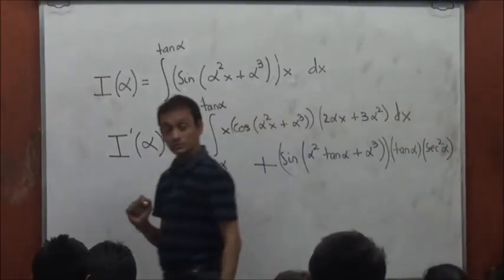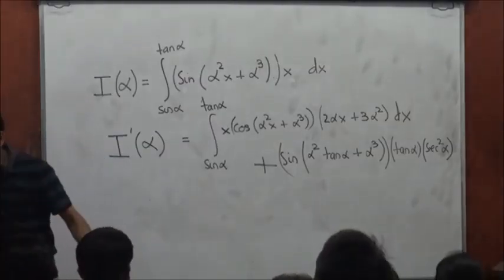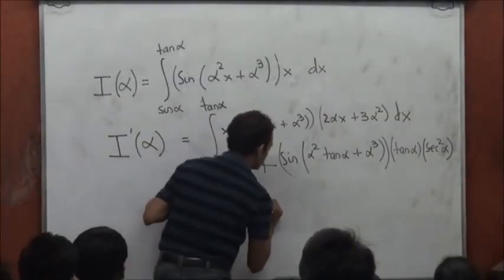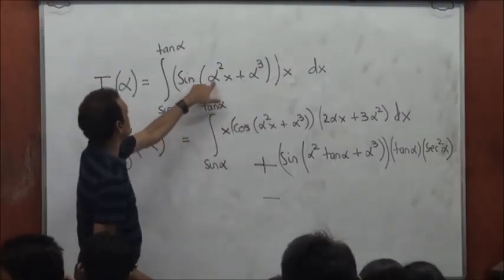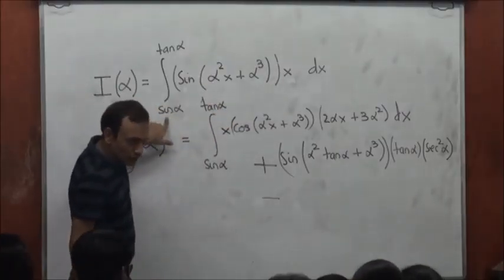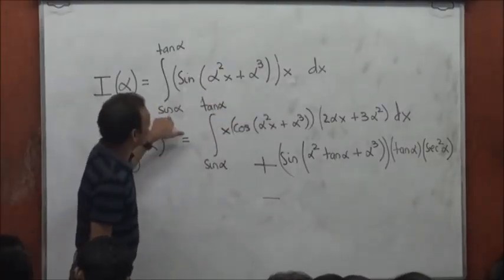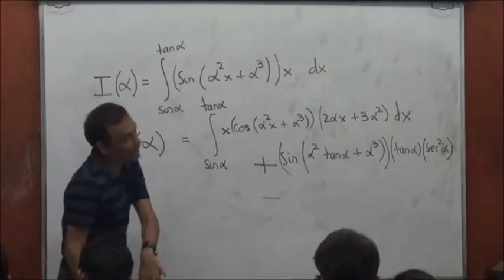That's the second term. The third term will come with a minus sign. In the third term, replace x wherever it appears by the lower limit of integration and then differentiate sin alpha with respect to alpha.